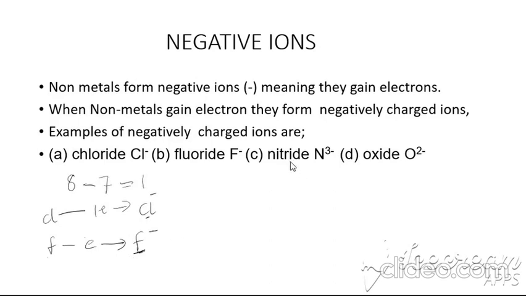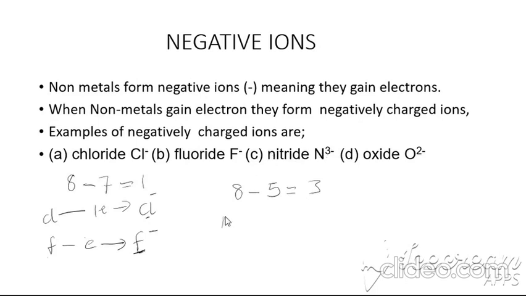And then when we come to this one, where is this 3 coming from? Note that nitrogen is in group 5 of the periodic table. So how do I know the number of electrons nitrogen should gain for it to become stable? I need to subtract this 5 from 8, which is going to give me 3. So this is the 3 you are seeing here. So nitrogen should gain 3 electrons for it to become stable. Nitride is just an ion for nitrogen.